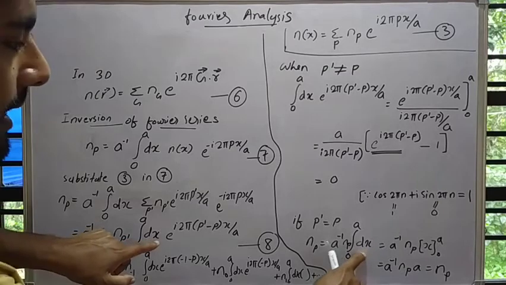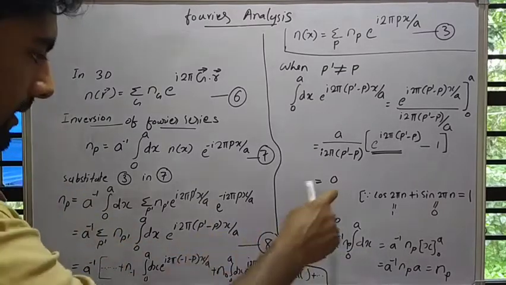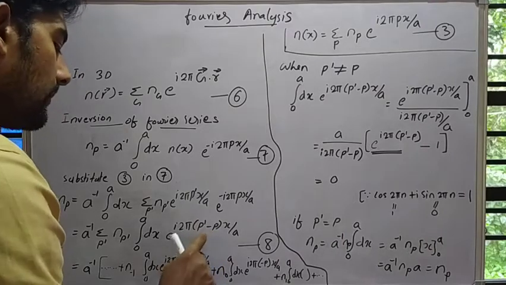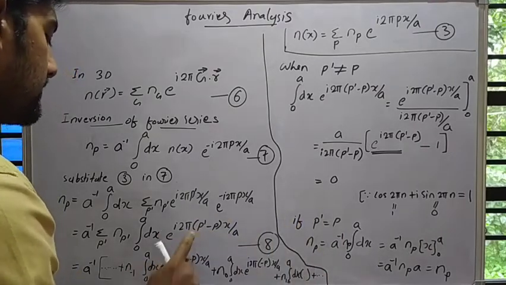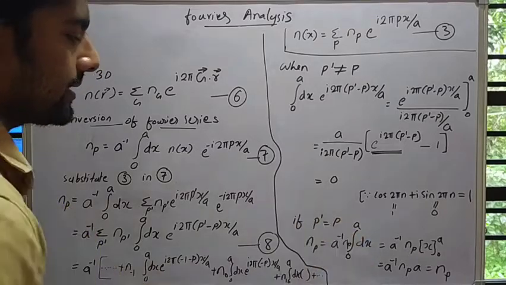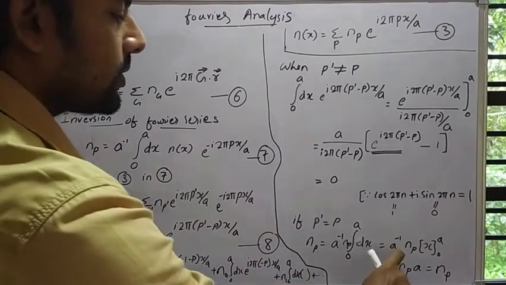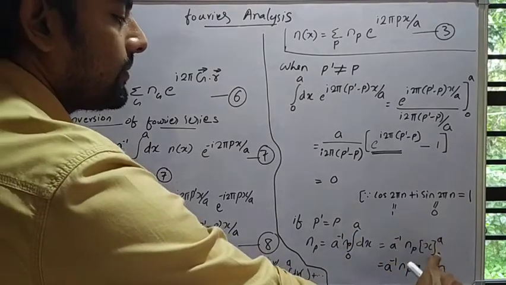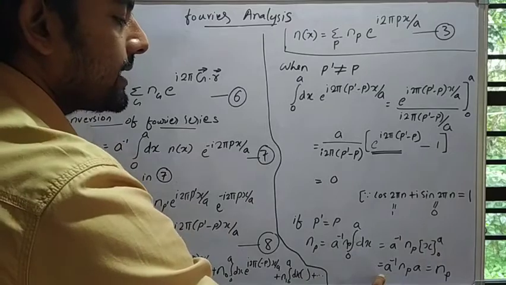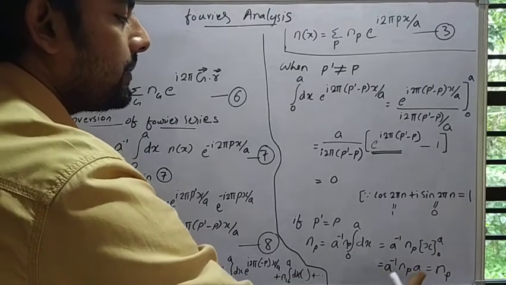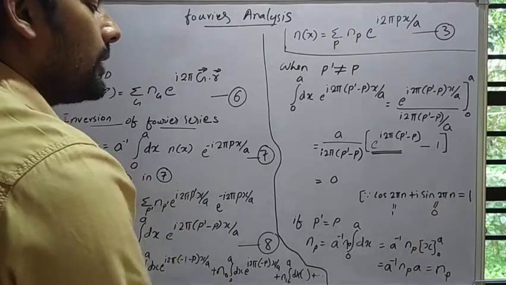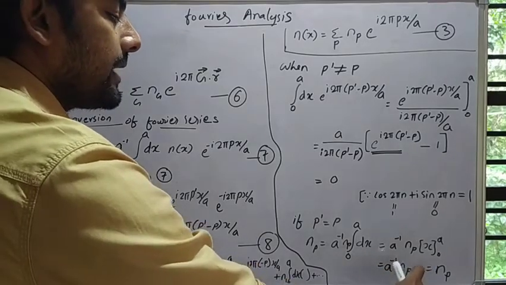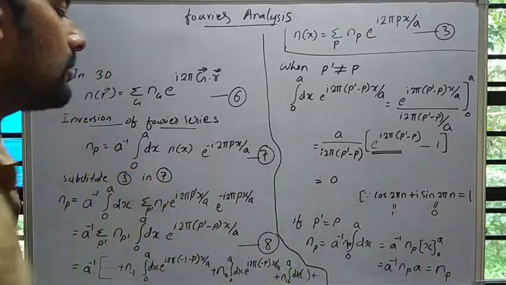Here p' equals p, so p' minus p equals 0, which means e^0 is 1, and we have integral 0 to A dx. That is equal to A inverse n_p. If we integrate this, we get x with limits from 0 to A, so A inverse n_p times A. A inverse is 1 by A, so the A and A inverse cancel, and that is equal to n_p.